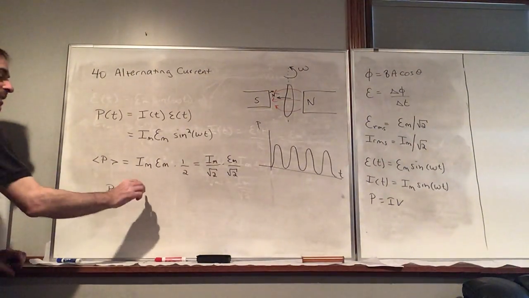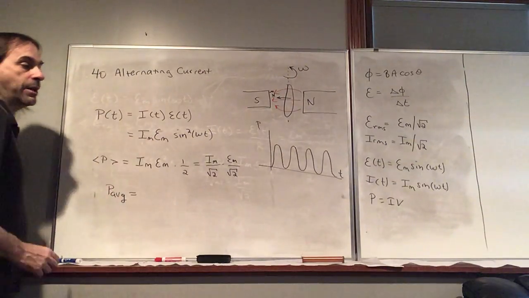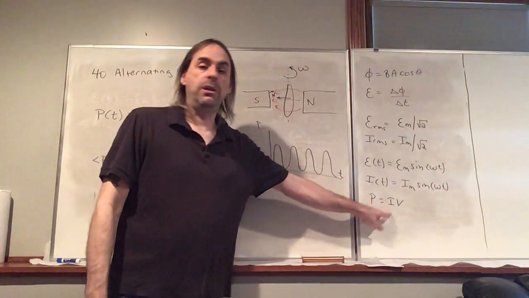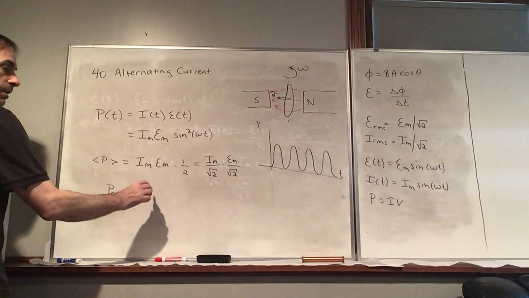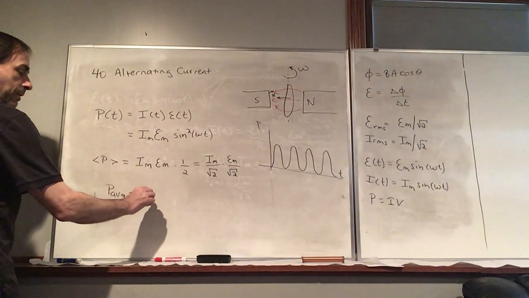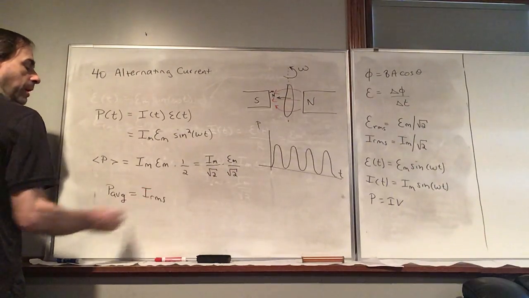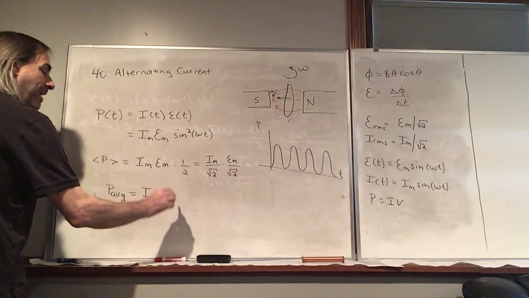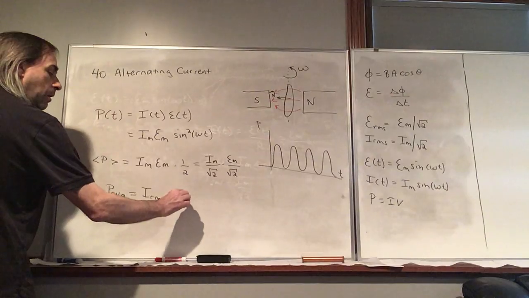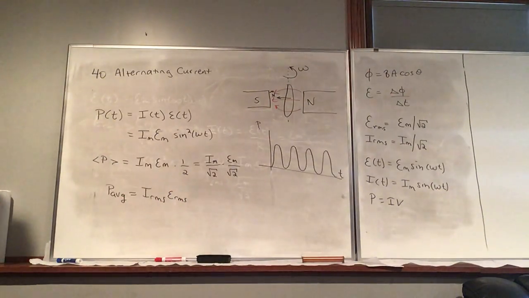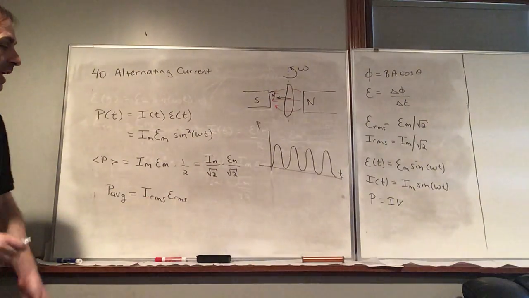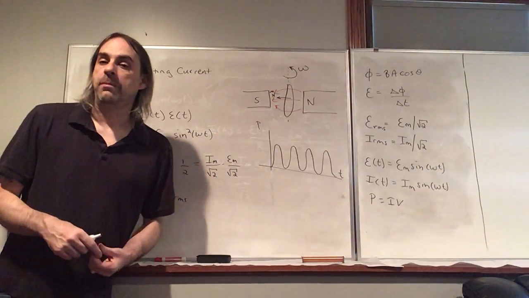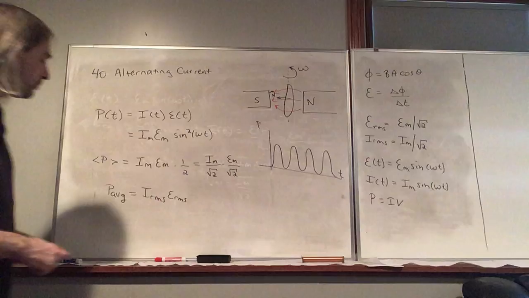And so what we find is that, like for a direct current where P is IV, here the average power is the RMS average current times the RMS average voltage. So just like P equals IV, except now we're talking about averages.